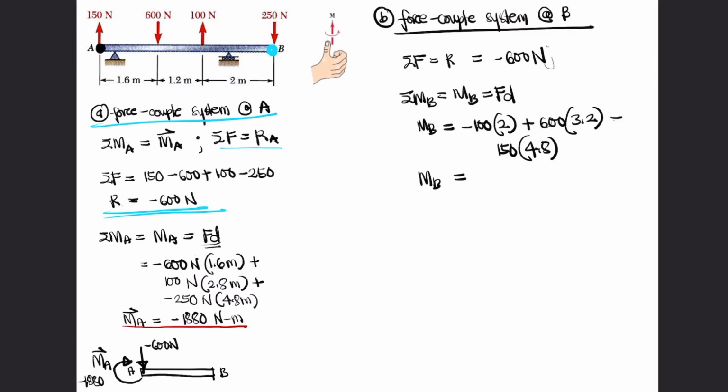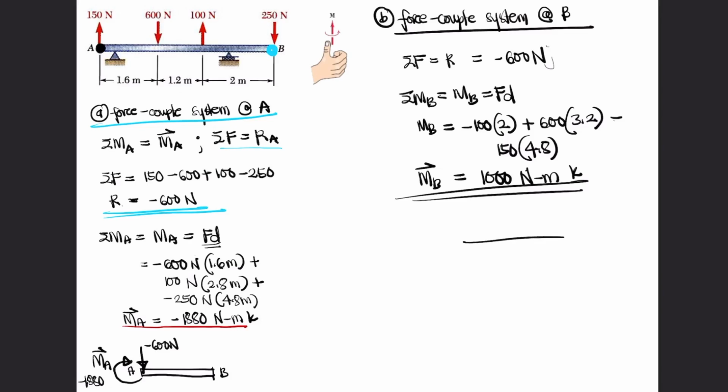Ang answer is positive 1,000 newton meter along z-axis, okay.